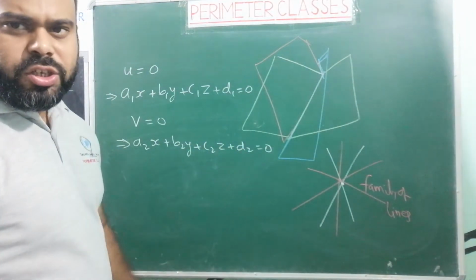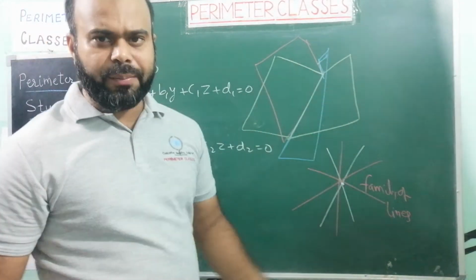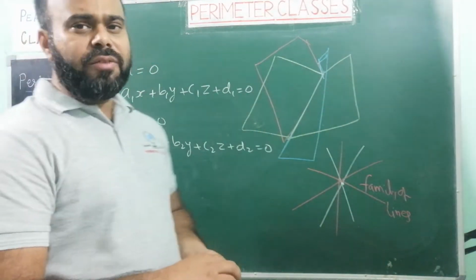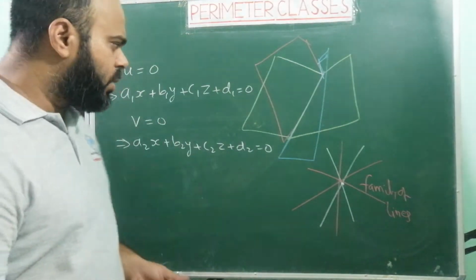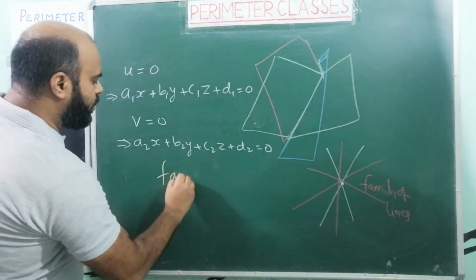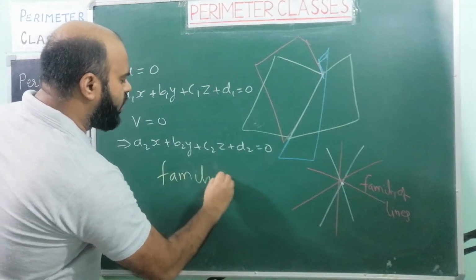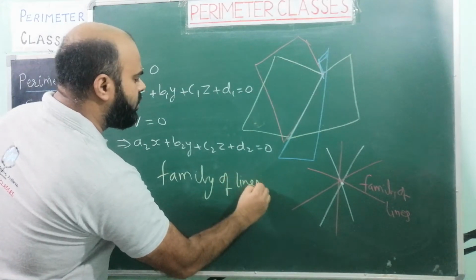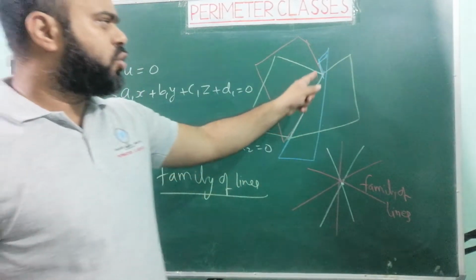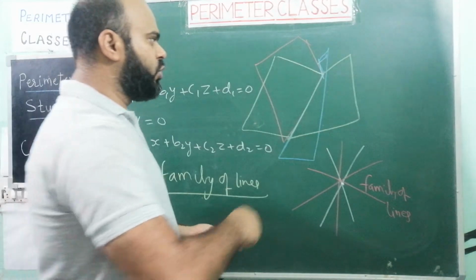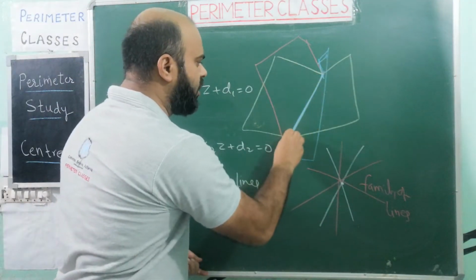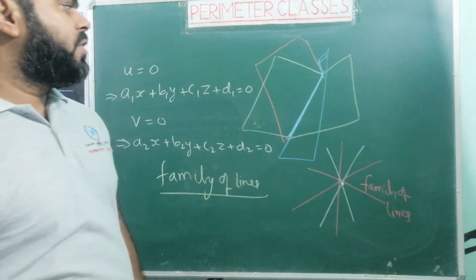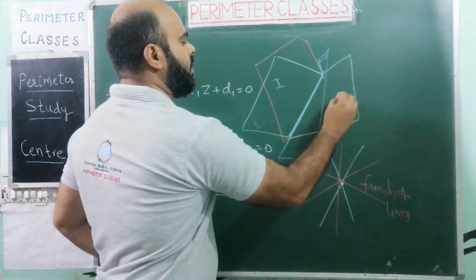These are the equations of the two given planes. If you want to find the family of planes passing through the intersection of these two planes, you have to keep in mind that this line is the line of intersection of these two given planes, plane number 1 and plane number 2.